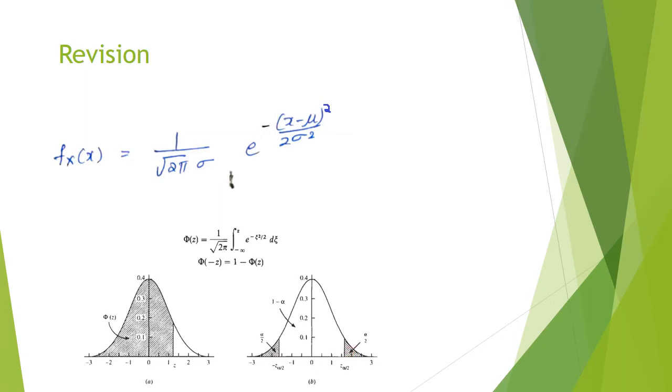It is the total area minus the area up to this point. So if this is minus z, this will be plus z. Now phi of plus z will be the area from minus infinity to this portion. So phi of minus z, this area, will be 1 minus phi of z. That is why phi of minus z is equal to 1 minus phi of z.